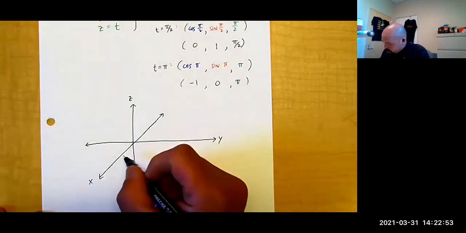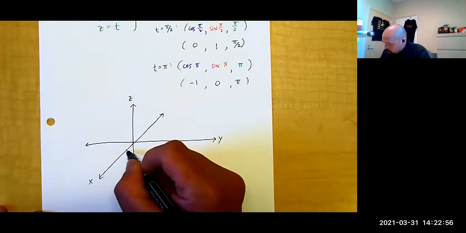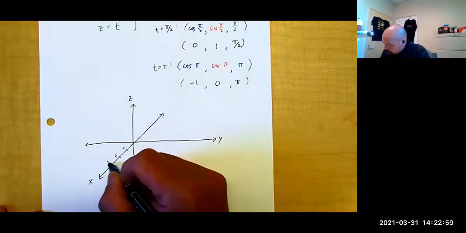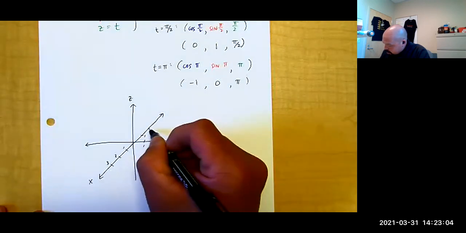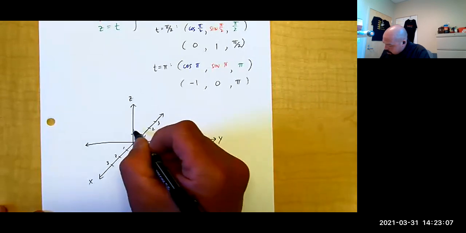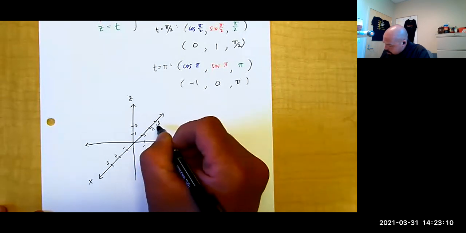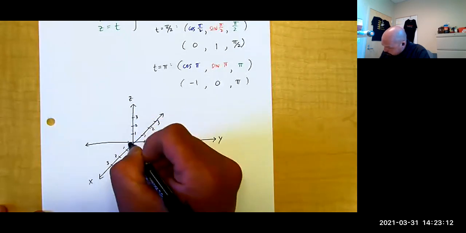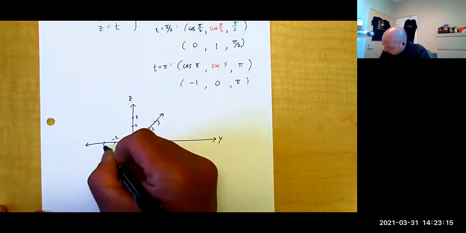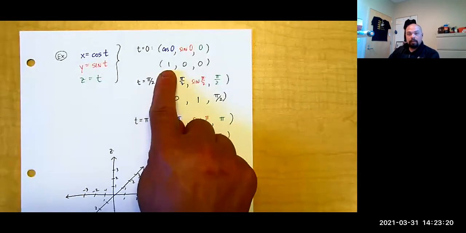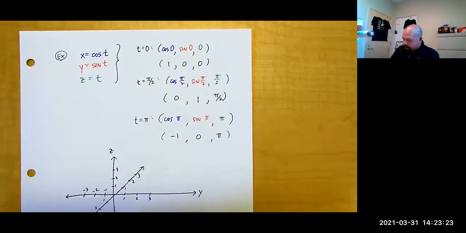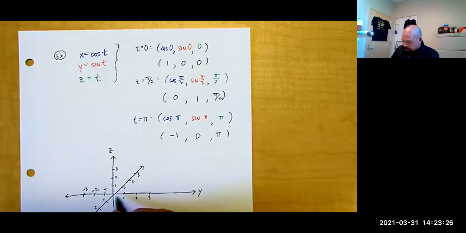Let me make sure I make those negative. All right. But we're identifying that when t was equal to 0, remember we're at 1, 0, 0. So x is positive 1, y was 0, z was 0, so we're right out here. All right, so that's t equals 0.